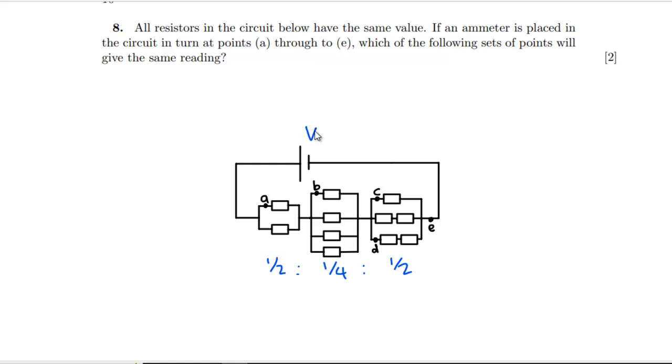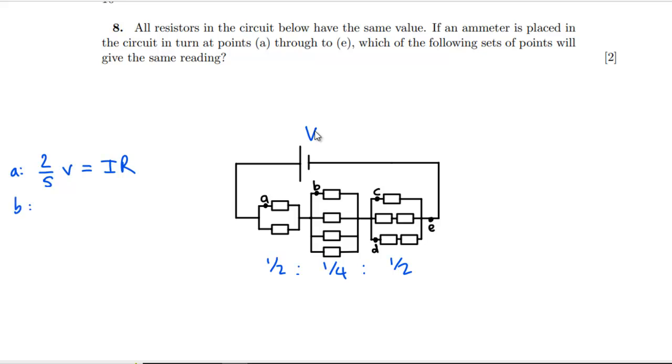Now we just have to go through doing Ohm's law on each one. I suppose we just do V equals IR on each one. So we're going to have 2/5 of V. This is for A. So for A, 2/5 of V is going to be equal to the current through A times 1 lot of resistance.